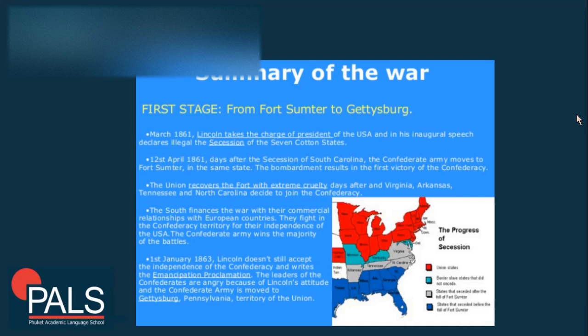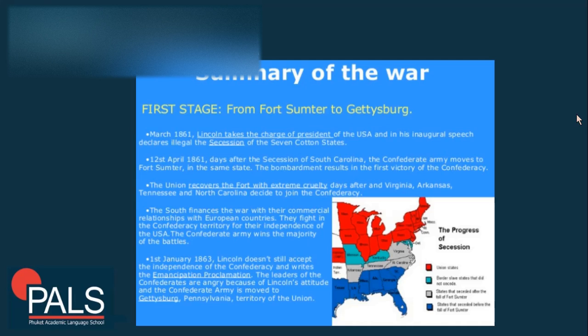So in March 1861, Lincoln takes charge as President of the USA and declares the secession of the 7 cotton states illegal. On April 12, 1861, in South Carolina, the Confederate Army moves on Fort Sumter.